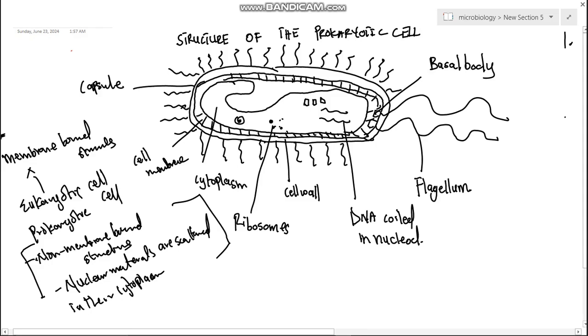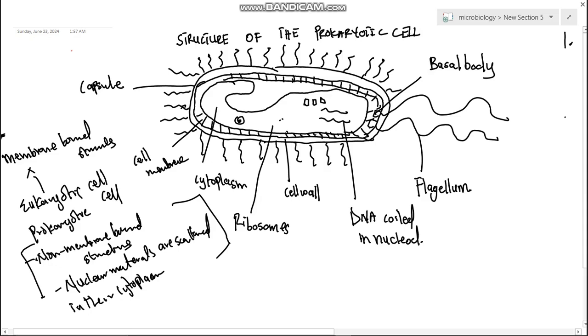Then we have the pili. In bacteria, the pili is for attachment, not necessarily for movement. The main structure for movement is the flagellum, but the pili is actually for attachment.